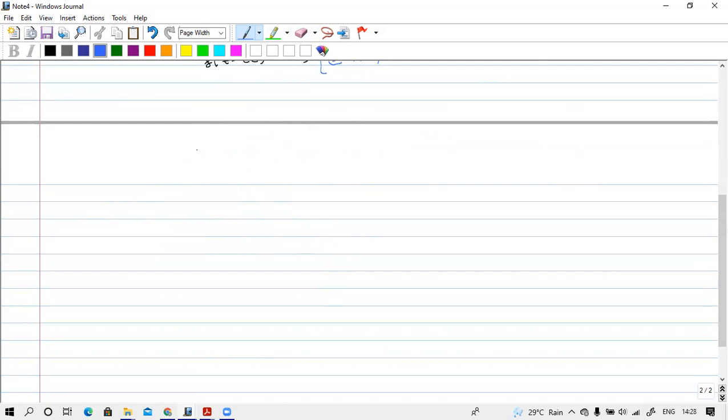Okay, so we will see what the frequency shifting property is. You should understand that. Here x(t) is equal to e to the power minus j omega naught t.